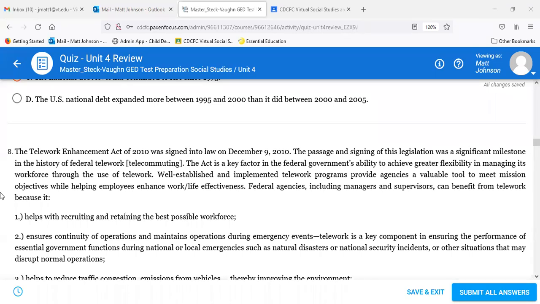The act is a key factor in the federal government's ability to achieve greater flexibility in managing its workforce through the use of telework. Well established and implemented telework programs provide agencies a valuable tool to meet mission objectives whilst helping employees enhance work-life effectiveness.